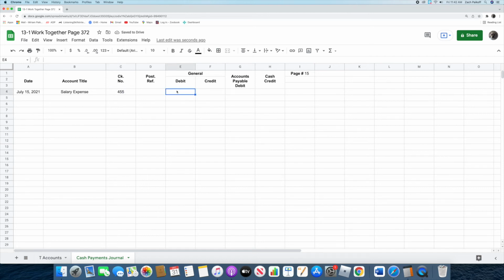And then we're going to record the salary expense amount, which is $12,600, in the general debit column. On the same line, we're going to record the total amount paid to the employees, which is $10,450.10, in the cash credit column.